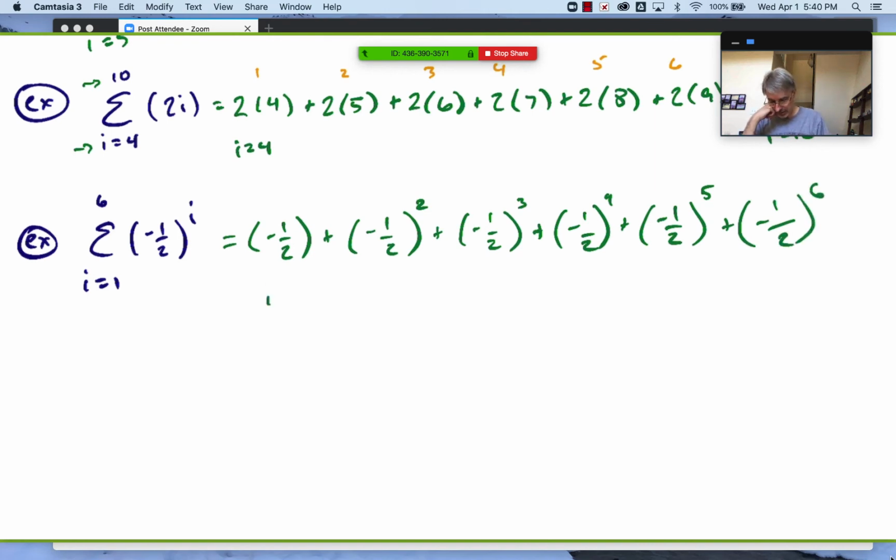And so starting with I equals 1 because that's the number here, finishing with I equals 6 because that's the number here. And so that's an expansion of that sigma notation.